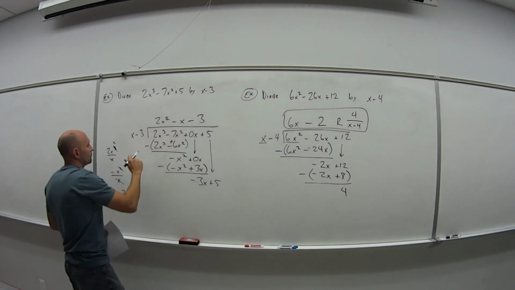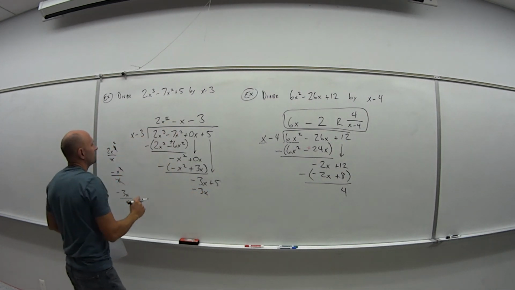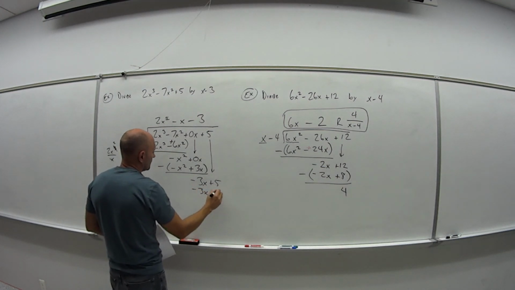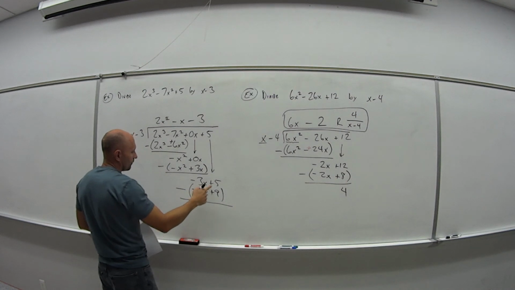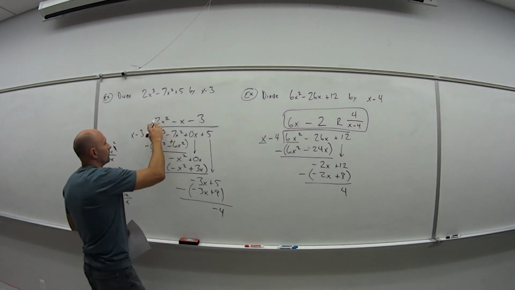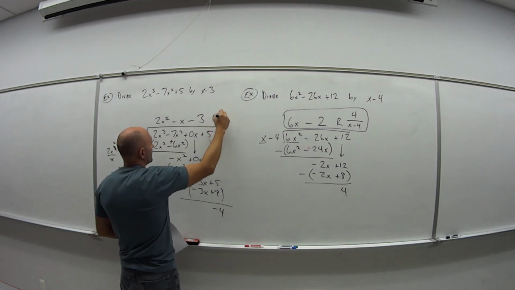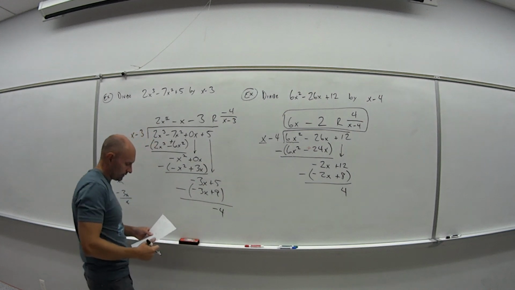Multiply around, negative 3 times x, negative 3x. Negative 3 times negative 3 is positive 9. Subtract. They cancel out. 5 minus 9 is negative 4. So it's this polynomial with a remainder of negative 4 over x minus 3.